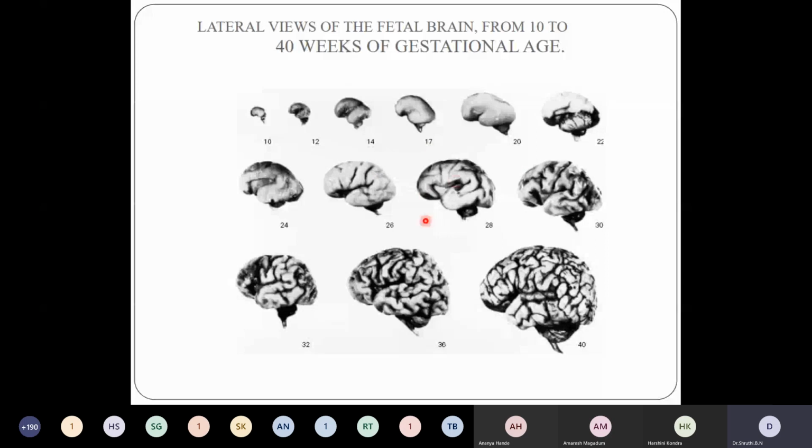Along with that, the proliferation of dendrites and axonal processes is responsible for most of the development of the brain. At the first year it weighs about 1000 grams, in the second year it weighs 80% of the adult size, and around 18 years it reaches the adult size, that is 1400 to 1500 grams.